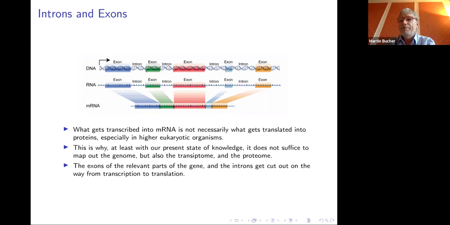So it's not really possible to predict with great reliability. And in addition, there's some sort of editing that takes place, which is especially in vertebrates or more complicated organisms, where you have a gene, and there are these introns, and this all gets translated into a complementary piece of RNA, as you can see.